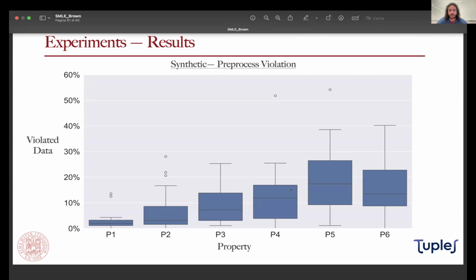So there are properties in which we are close to 20%, okay? So this approach violates on 2 instances out of 10. This means that I would not really trust pre-process, okay? So think again of the automotive case or the aviation case, okay? So you have safety concerns. You wouldn't deploy such an approach, okay, in that scenario.